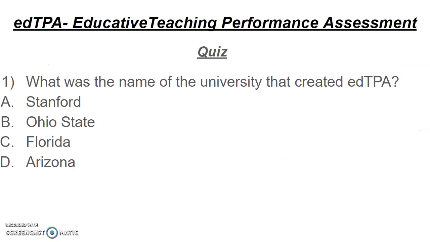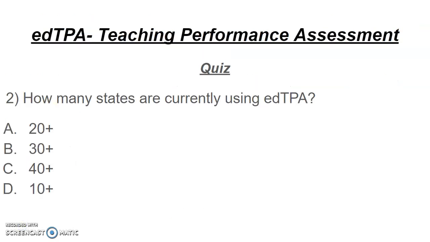Got a little quiz here over EdTPA. First question. What was the name of the university that created EdTPA? Choices are Stanford, Ohio State, Florida, Arizona. Answer is Stanford. Next, how many states are currently using EdTPA? Choices are 20 plus, 30 plus, 40 plus, or 10 plus.